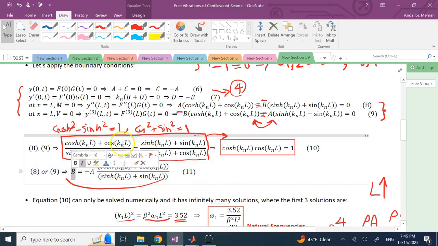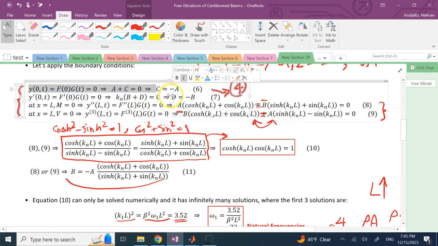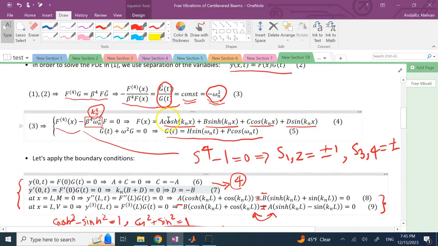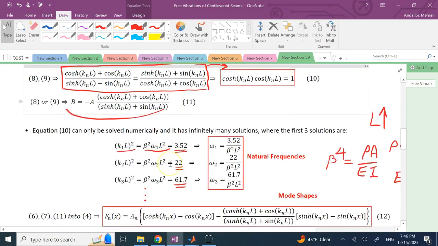Now that you have B as a function of A, C as a function of A, and D as a function of B, and since B is a function of A, that means you found B, C, and D all as a function of A. So if you plug 6, 7, and 11 all back into equation 4, now the only unknown in f of x will be this A. Everything else is known.